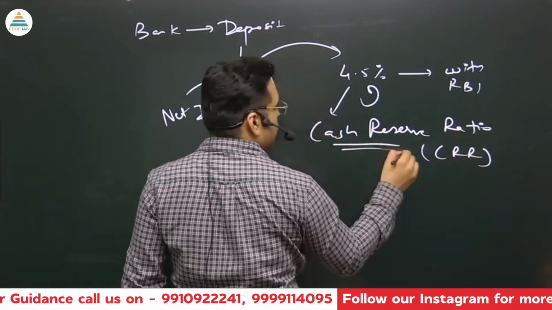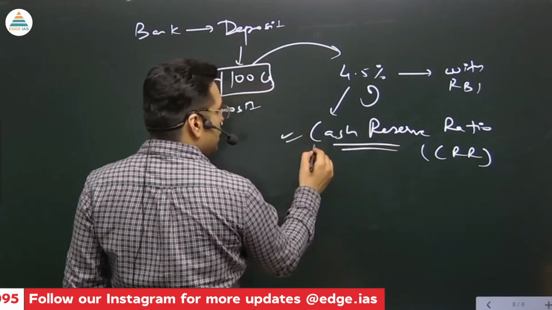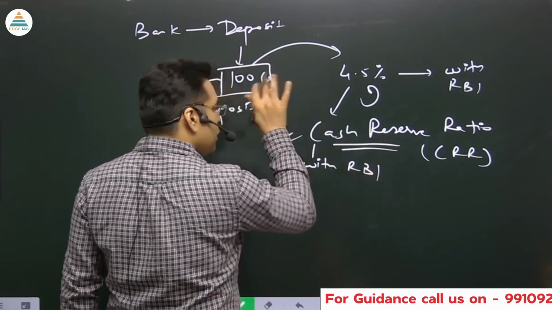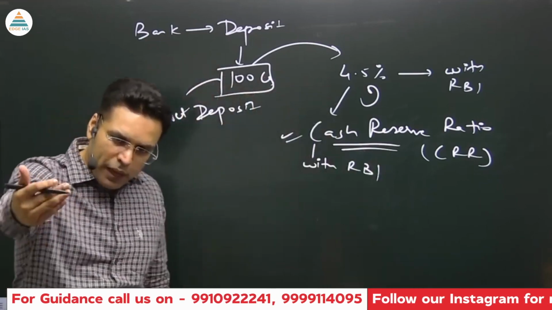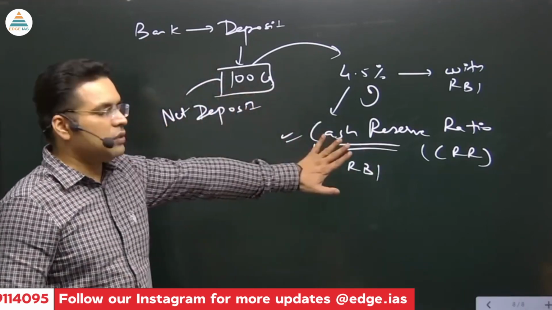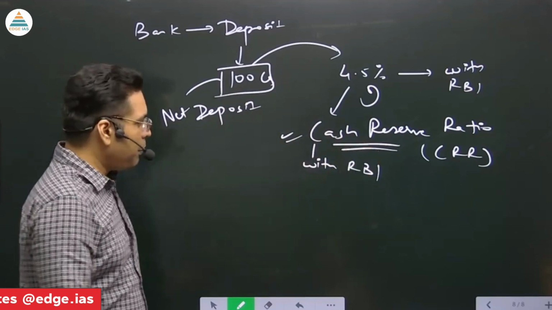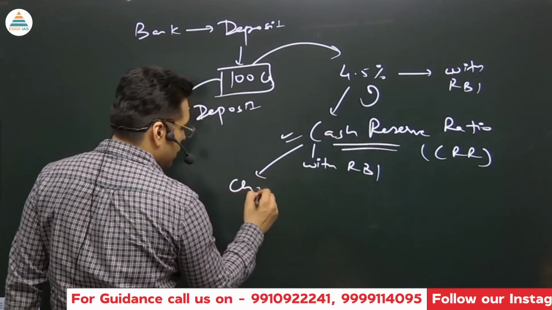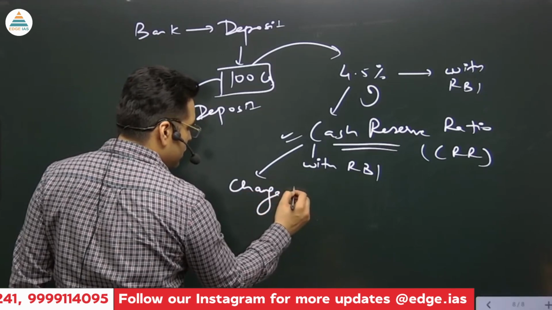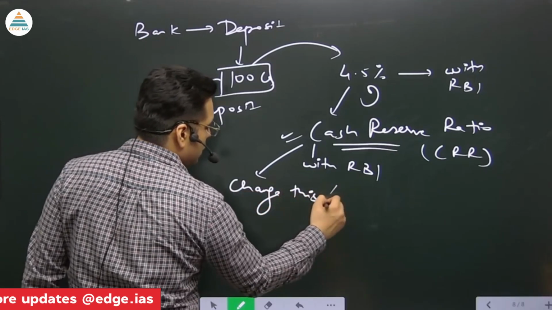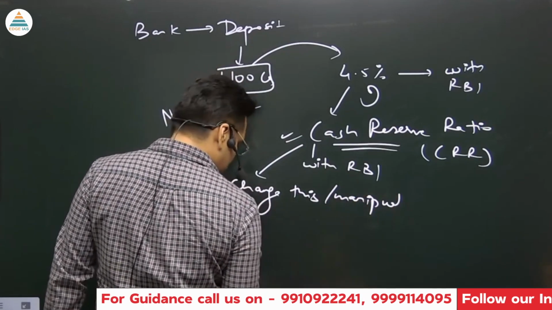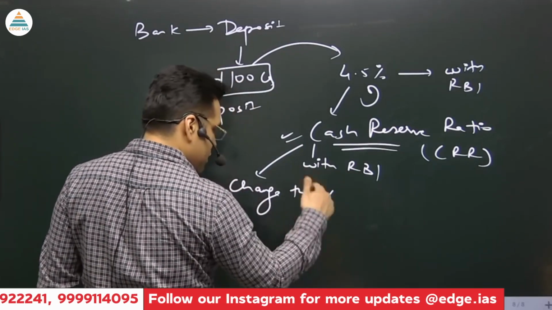So this is the reserve money. This has to be maintained with RBI in cash form, and every bank will have to do that. The moment a bank gets a deposit, 4.5% will be with RBI. RBI can change this, RBI can manipulate this, meaning changing the rates.